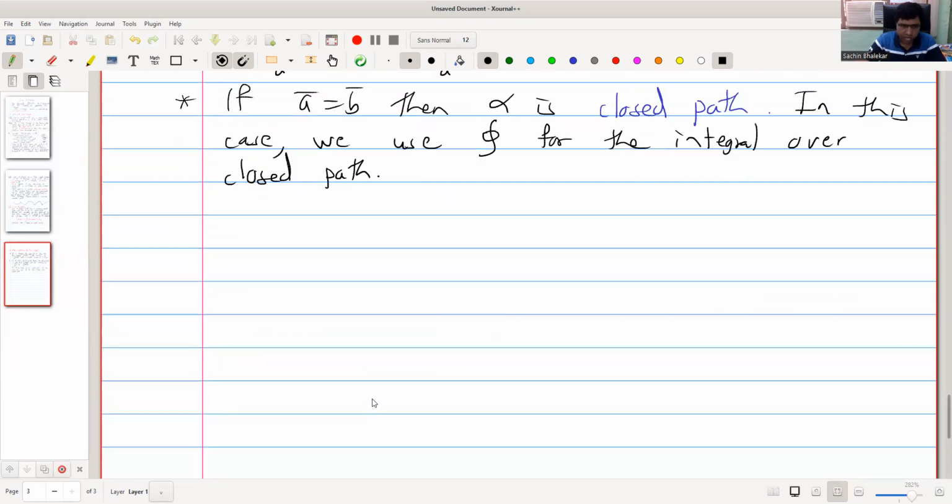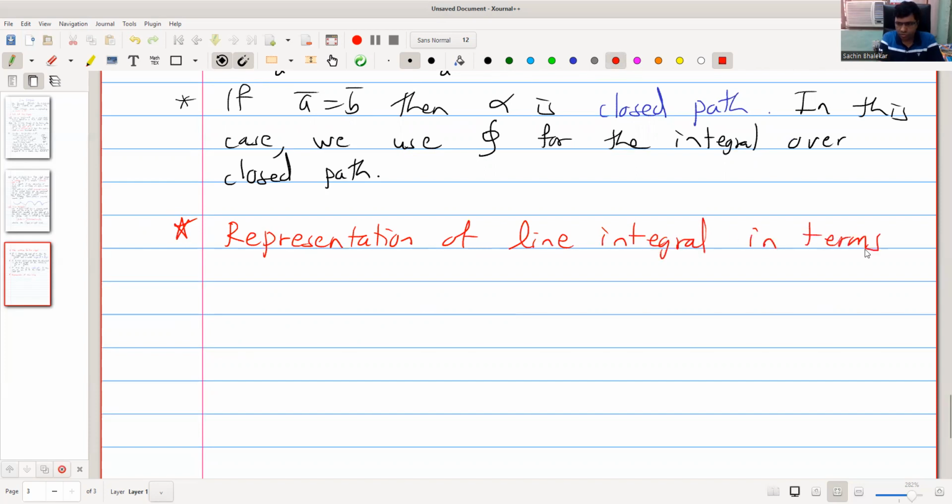Next thing, the representation of the line integral in terms of components, the components of f and components of alpha.